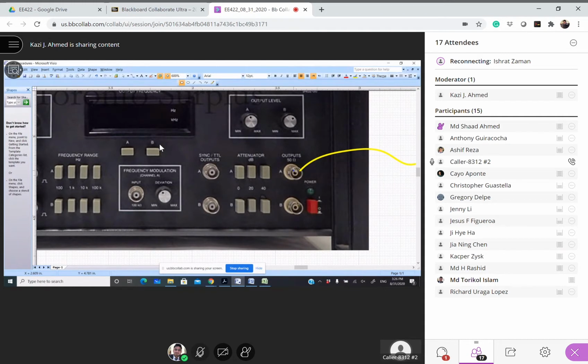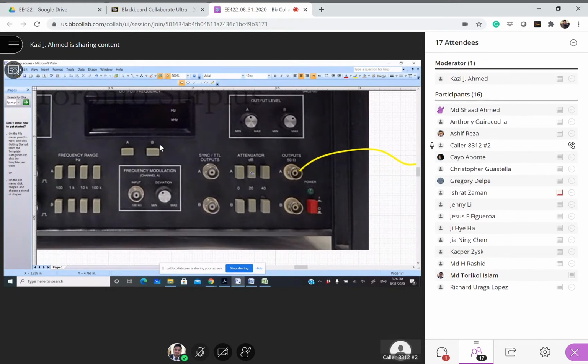So you can use this attenuation button to reduce the amplitude even further. If you cannot get 400 millivolts just by the normal output, even though you put the output level to lowest, yet the signal is more than, let's say, 1 volt, then you have to use this button to reduce it even further. That's why this button is there.